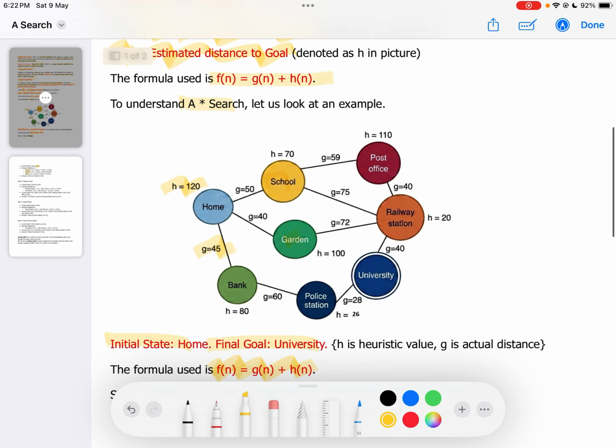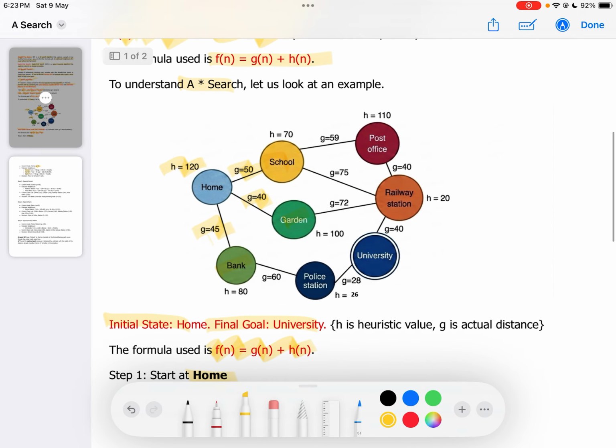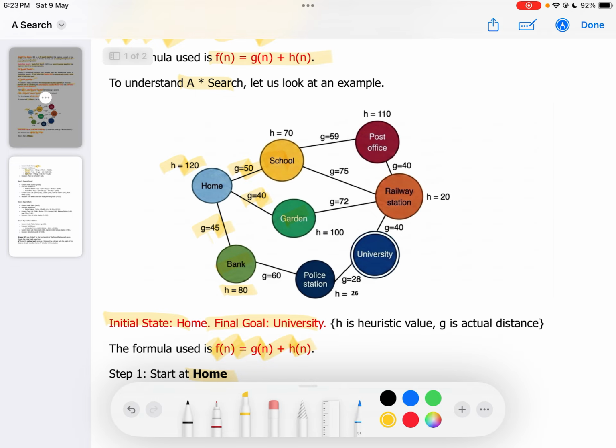The distances are 45, 40, and 50, plus the heuristic value. What is the heuristic value here? 80, 100, 70.